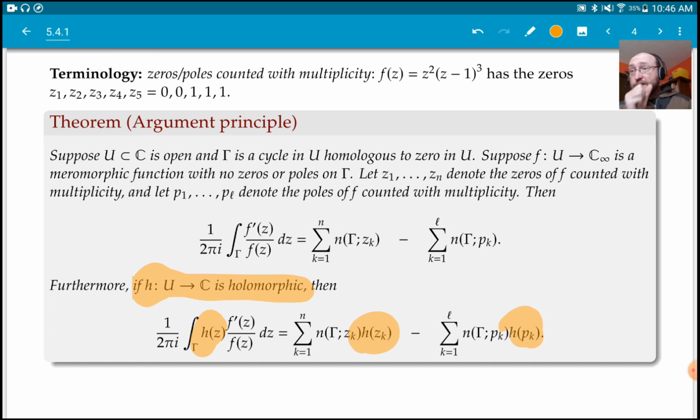Sorry, I felt a sneeze coming on. Then it didn't come. So you're basically just evaluating the function h at the zeros and at the poles of f. We'll see later on that can be quite useful.